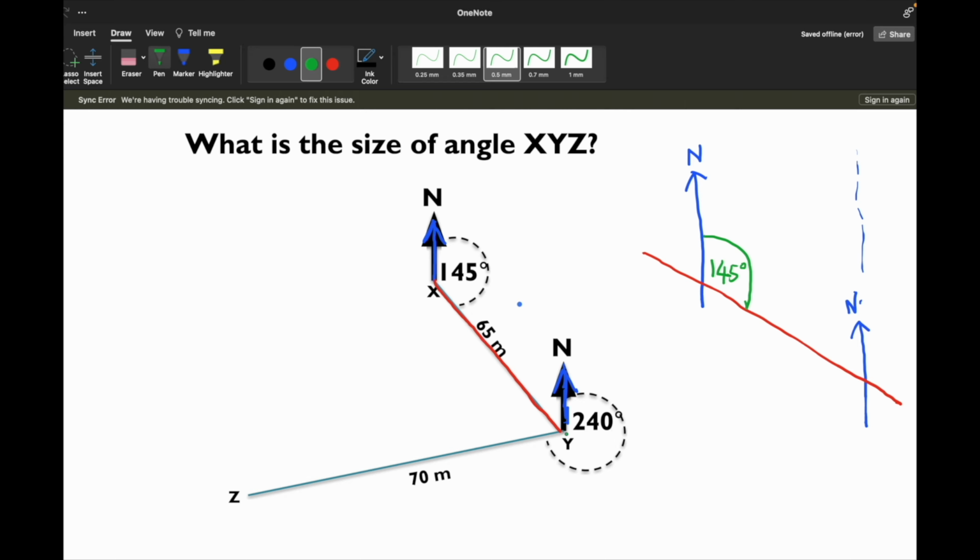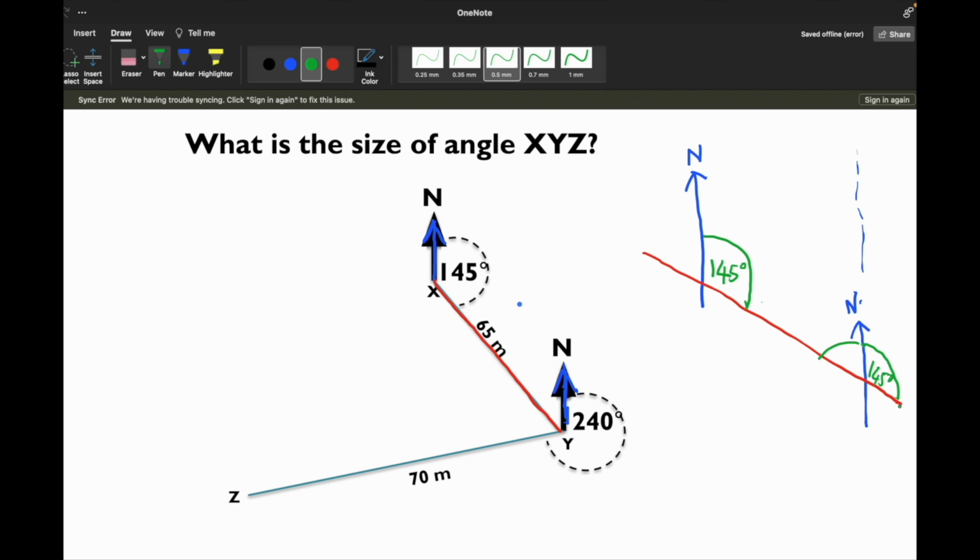So if I was to extend this line here, I know that from here come across is 145, but I'm not interested in that right now. But I'll just show you here that it's 145, right? So this is 145 degrees. Now, if I'm telling you that this is 145 degrees and the red line is a straight line, what would be the angle inside of this piece here? If this is 145, what would be inside of here?